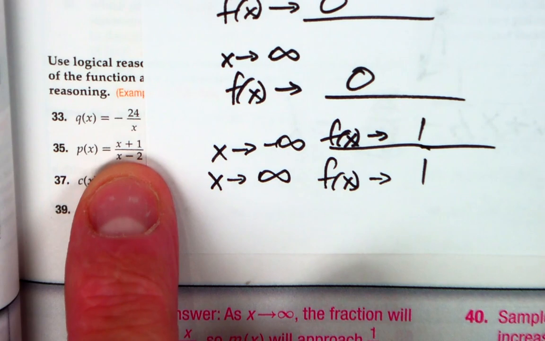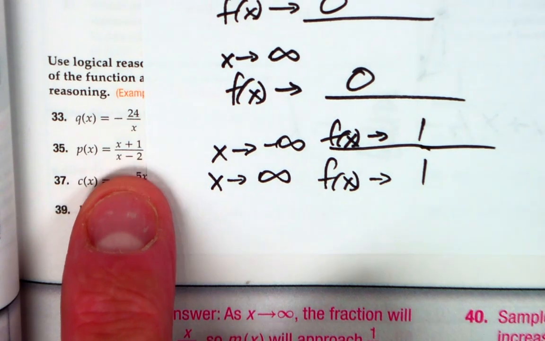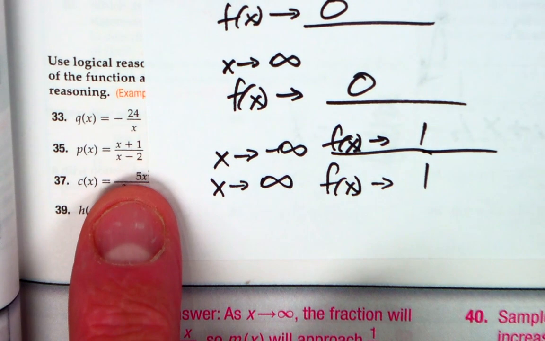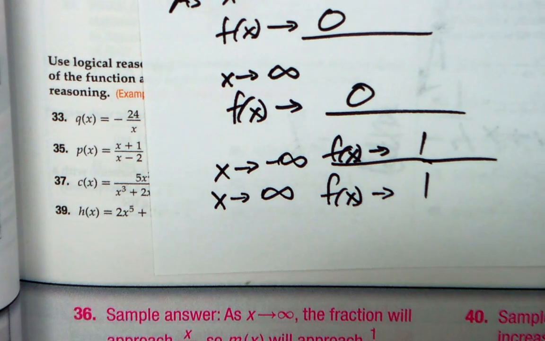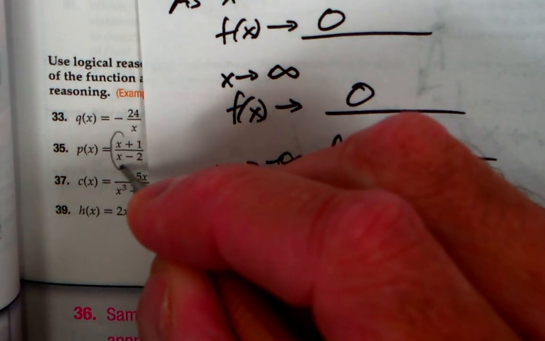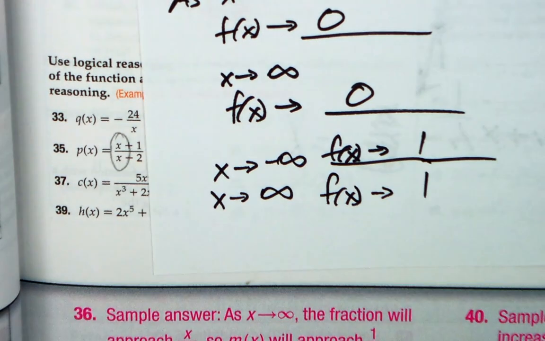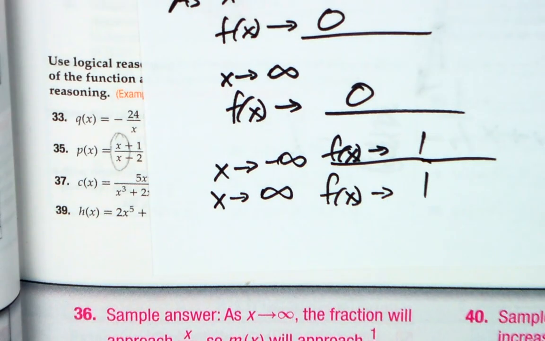A 1,000,001 over 999,998? It's basically 1. So what you can do on these is look at the highest power of x and see who's going to win that battle. It's basically x over x, which is 1. That's why your end behavior is 1.